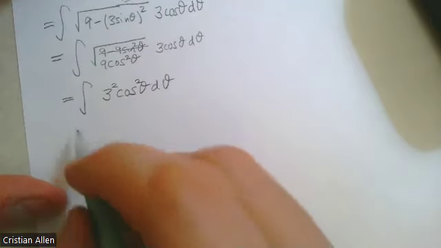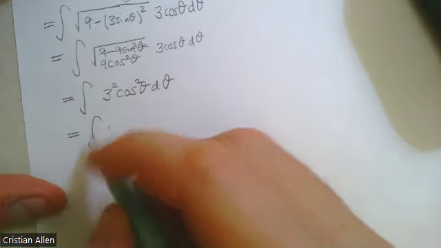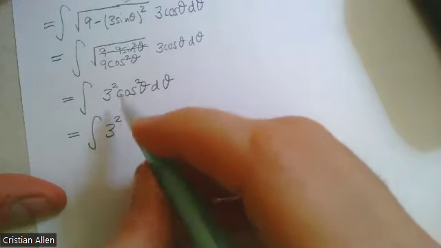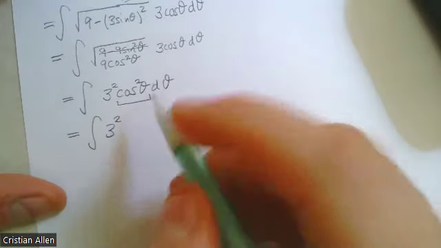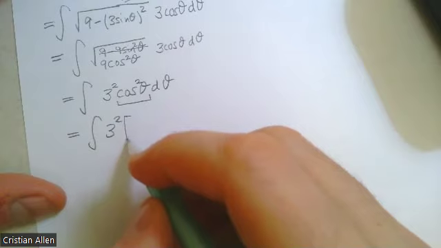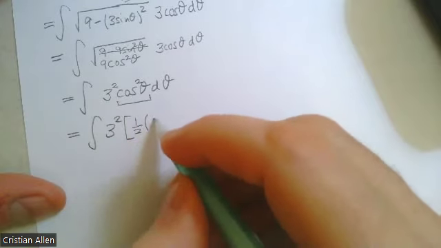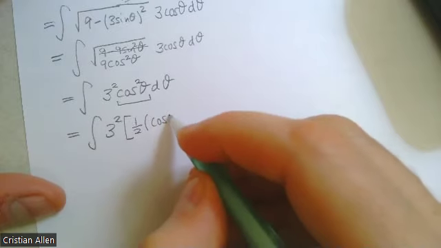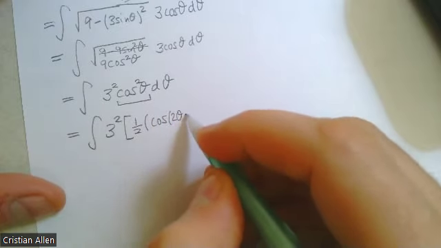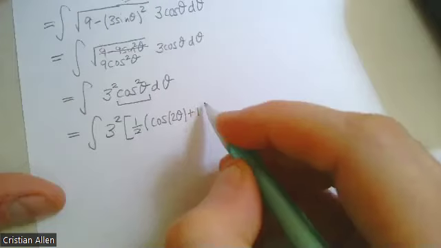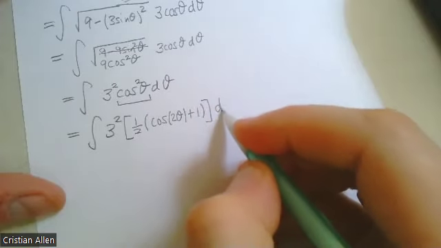All right, next step, very frequent step in these type of things, is that we're going to replace the cosine squared with the 1/2 cosine 2 theta plus 1, the power reduction formula.